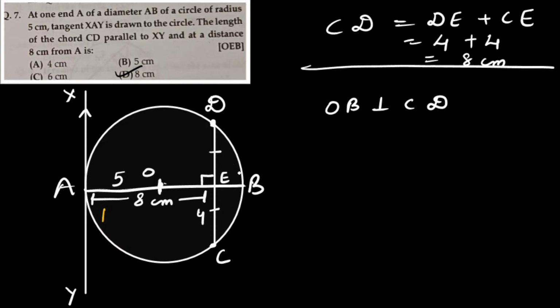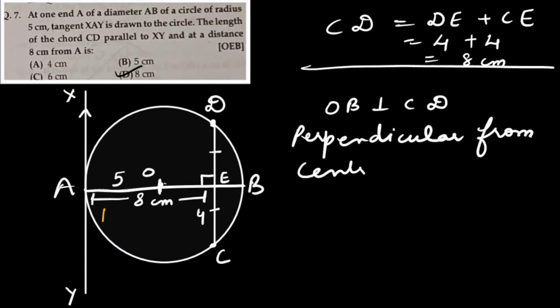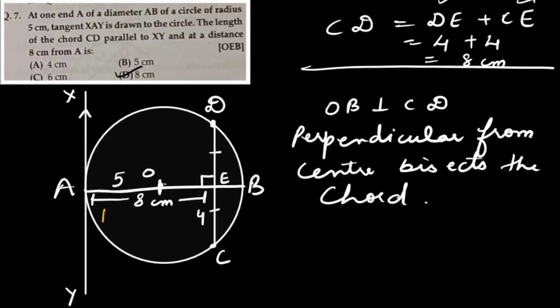Bisection means dividing into two equal parts. So perpendicular from center, only from center, bisects the chord. This concept you have to remember. So that means DE is equal to CE.